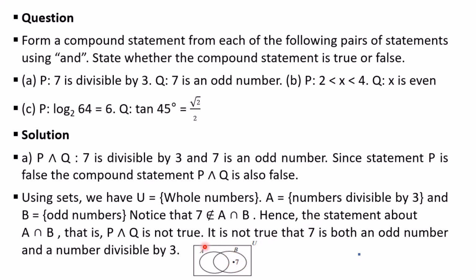Hence the statement A intersection B, that is P and Q, is not true, because 7 is not divisible by 3 and at the same time an odd number. For odd number it is true, but for divisible by 3 it is not true. Therefore, our compound statement becomes a false statement.